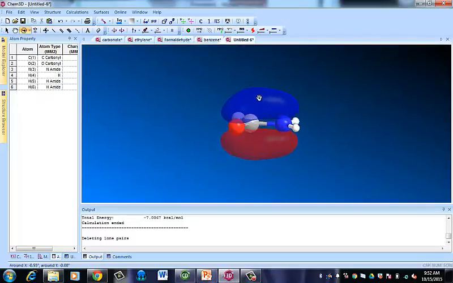So I built this molecule, and in my little program here, I built the molecule, and it does have a pi bond that is spread among the three atoms.